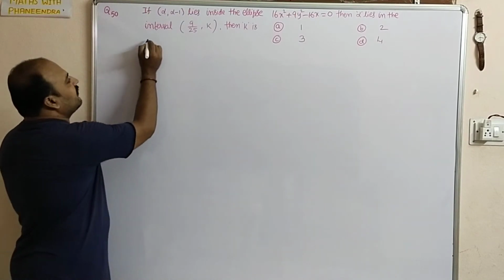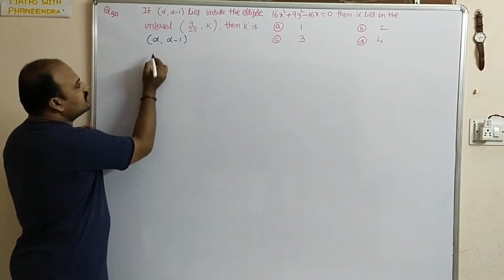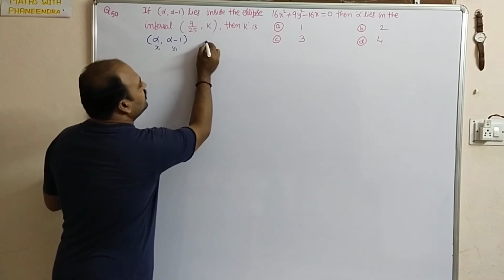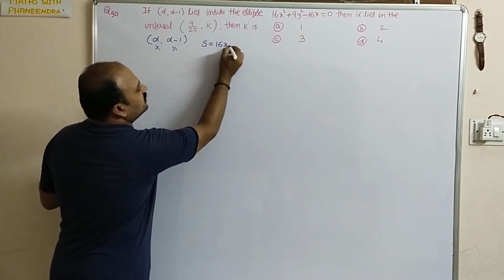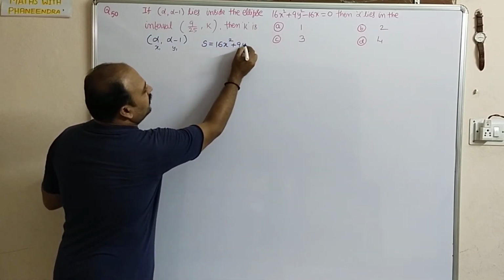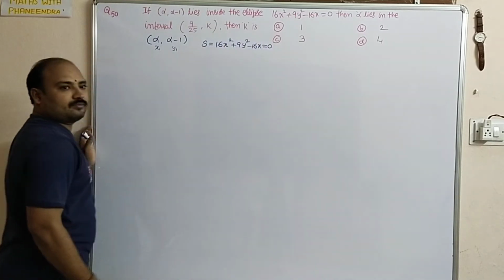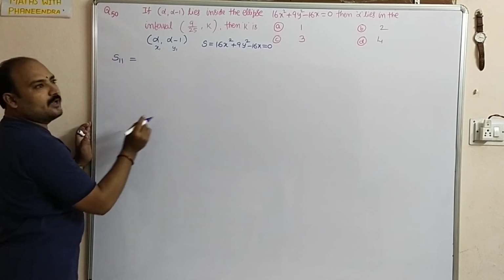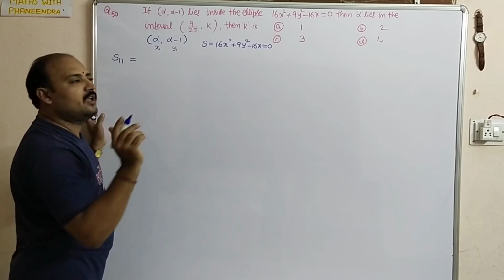See here, the given point is (alpha, alpha minus 1). This is x1, this is y1. S means the given equation of ellipse, 16x square plus 9y square minus 16x is equal to 0. Now find S11. That means wherever x, y is there, you have to replace with x1, y1.